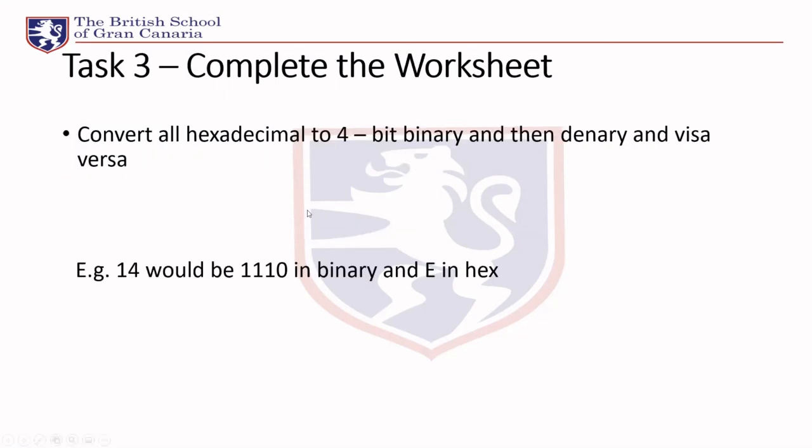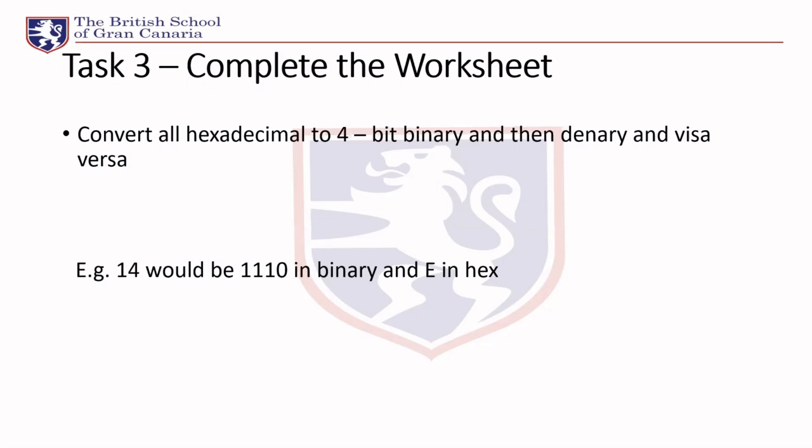What you're going to do now is convert a hexadecimal into 4-bit binary numbers, and then denary and vice versa. For example, 14 would be E in hexadecimal, and in binary, right to left, remember, 0, 1, 1, 1. I'm going to show you the worksheet now.